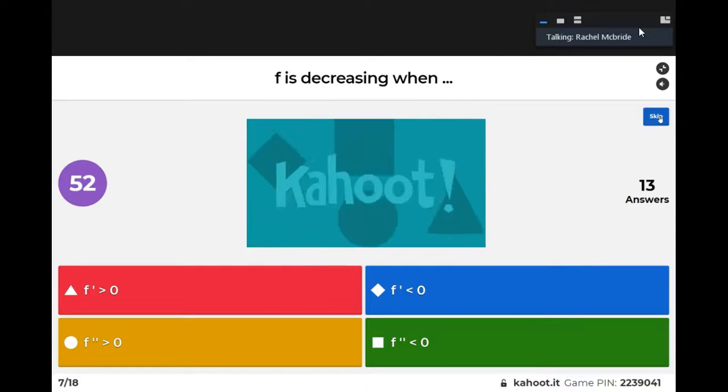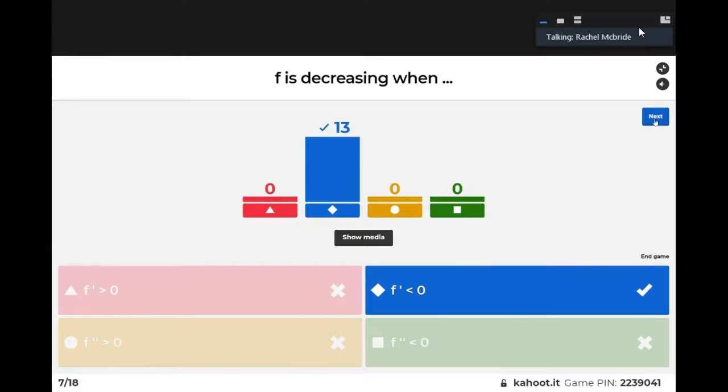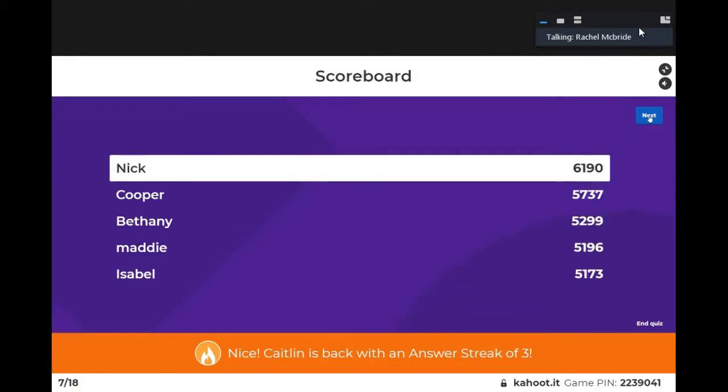Hopefully we can get perfection here. That's okay, honey. I'll just skip you for this one. We got perfection. F prime is negative when the original is decreasing. Okay, there you go. Caitlin, 3 in a row.